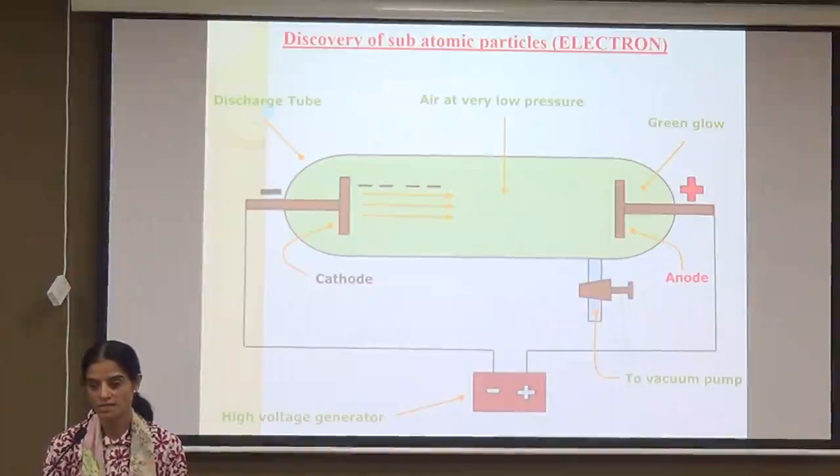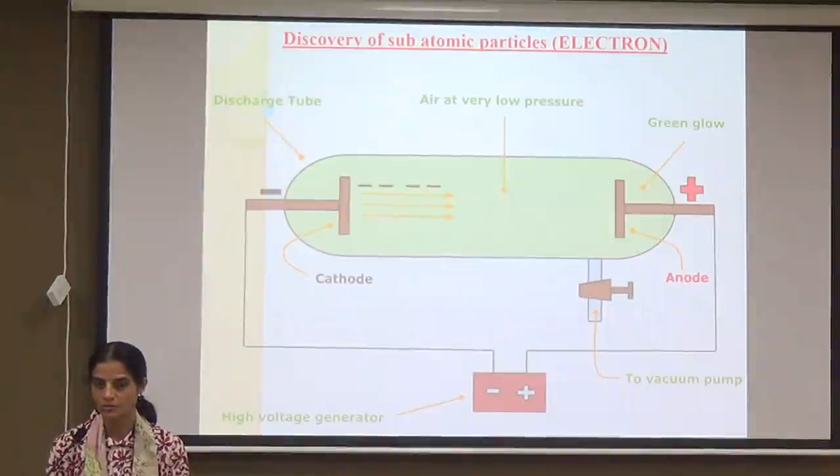Since these rays were emitted from cathode and were moving towards anode, we say that these rays are made up of subatomic particles called electrons which are negatively charged, and hence these rays are attracted towards positive anode.